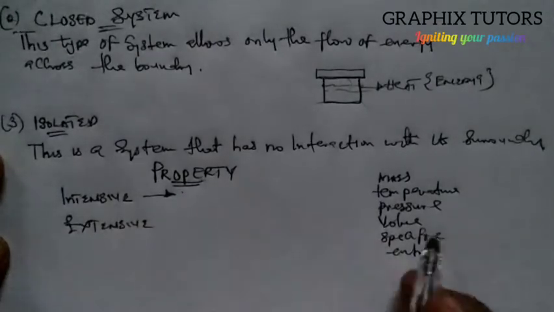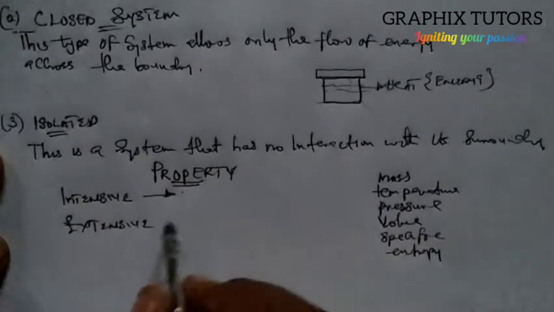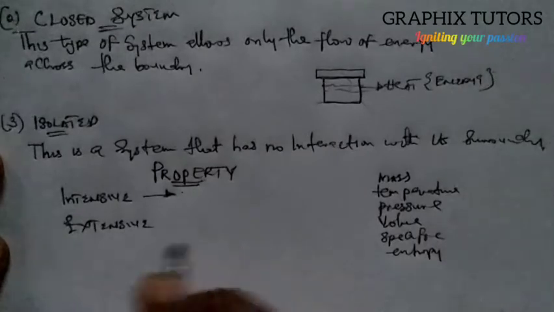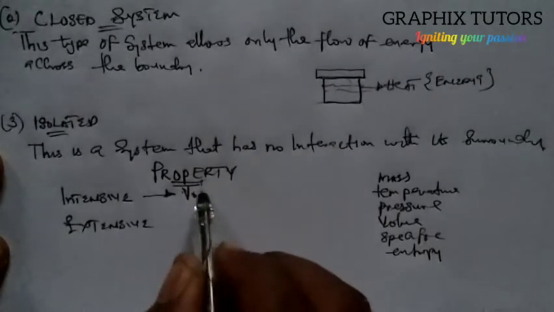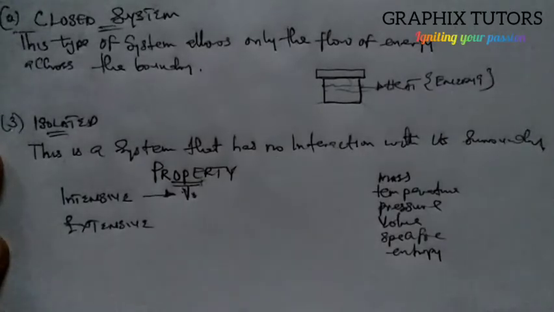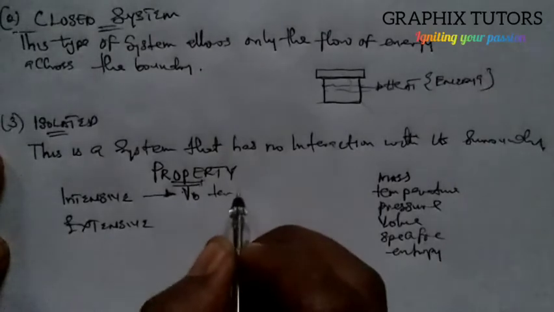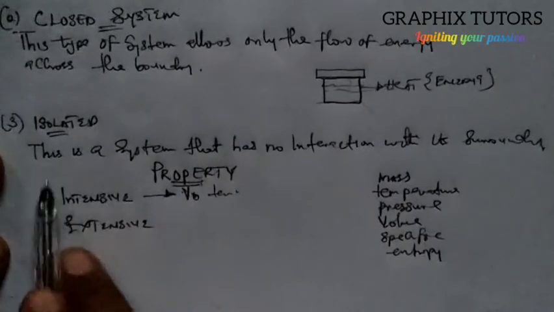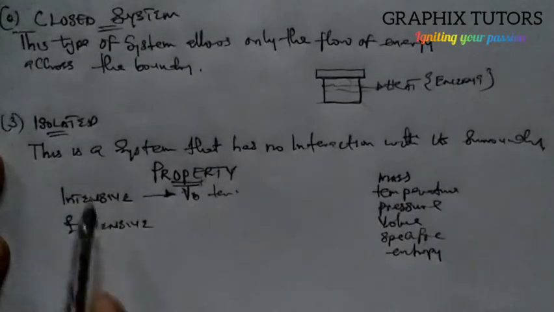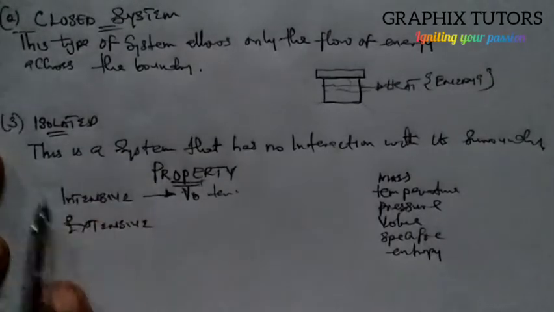A good example of it is the specific volume, which is an intensive property, right? And we have the temperature and also the pressure. The intensive property is always written in small letter.